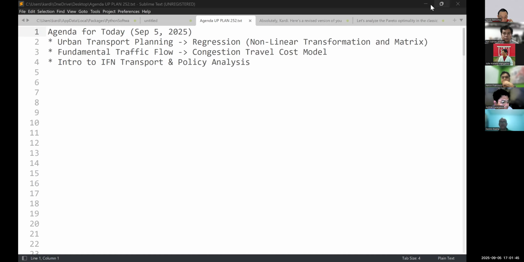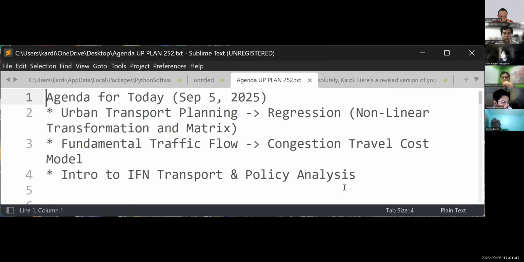This is the agenda for today. Hope you can see. We have discussed the introduction to urban transport planning, and last meeting we discussed a little bit about linear regression, so we will continue that into nonlinear transformation and the matrix.